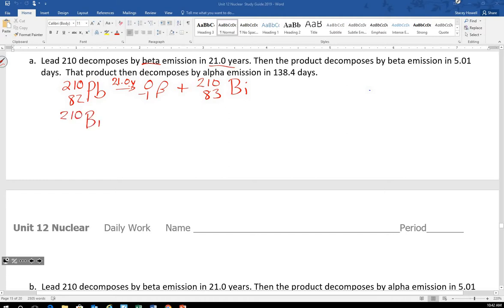Bismuth, Bi, 83, decomposes by beta emission again, 0, -1, beta, but in 5.01 days. So am I done? No, I've got to add something again. What do I add? 210 again. What's on the bottom? 84. 84 is what element? Polonium. And then it says again that product, so I bring polonium over here.